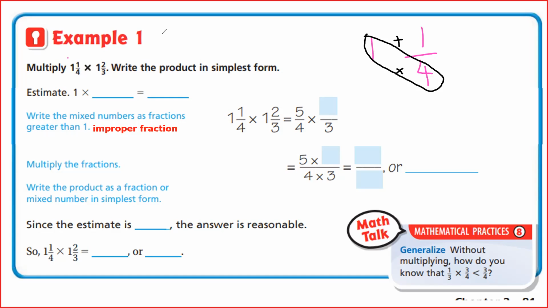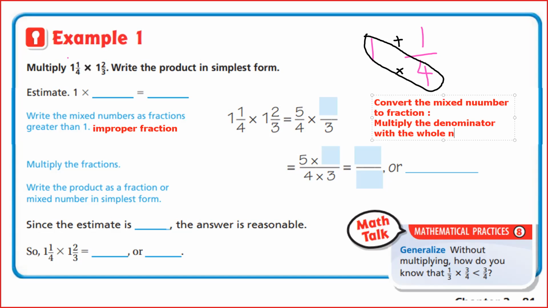So in order to convert the mixed number to a fraction, first you have to multiply the denominator with the whole number, and then add the product to the numerator.